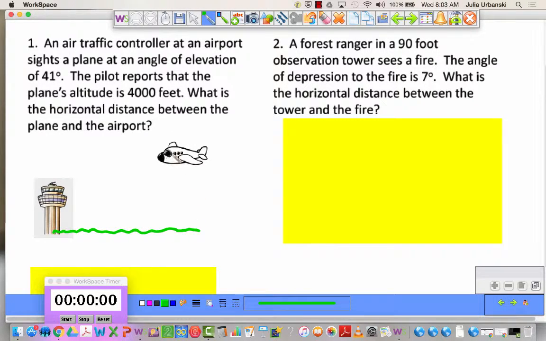You could write the word plane, and the word controller, or you could use a P for plane, C for controller. But you have to remember that it's going to be a triangle. So there's a triangle connecting the air traffic controller, and part of the triangle comes straight down. When you measure the altitude of an airplane, you are measuring it at a right angle with the ground.